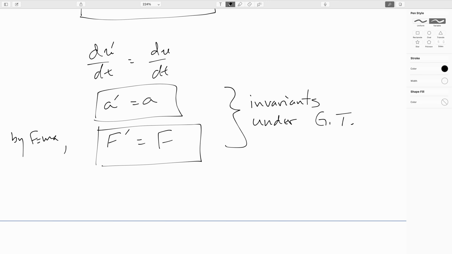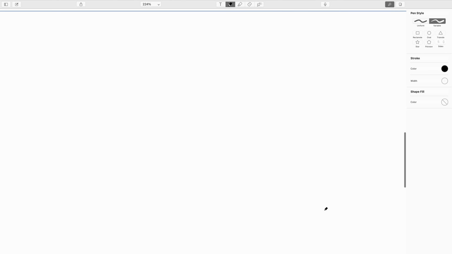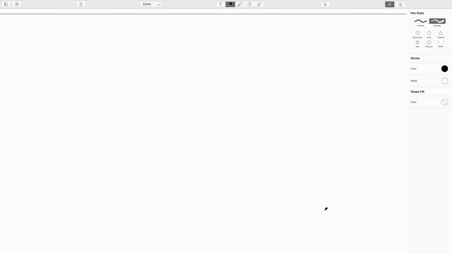All right, well, let's ask ourselves, is there anything else that's an invariant? And it turns out that, yeah, there is. The length of something is an invariant under the Galilean transformation. So if you ask yourself, how do you measure the length of something? You say, well, that's no big deal.